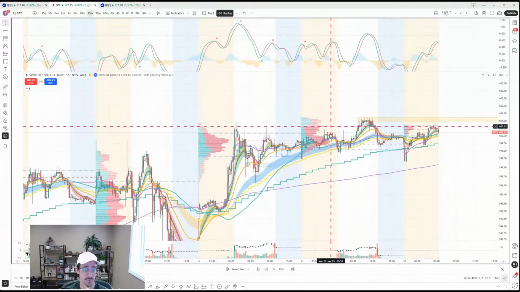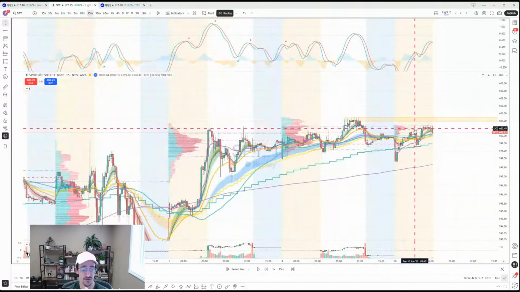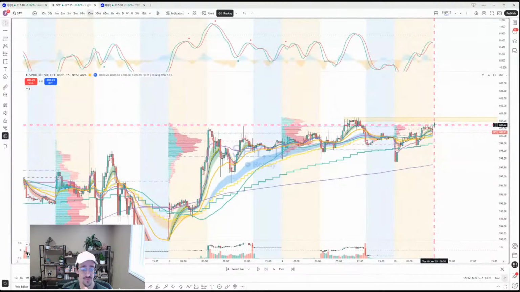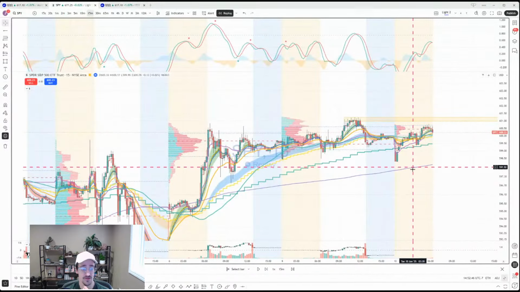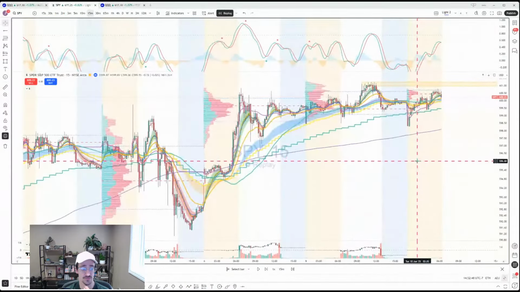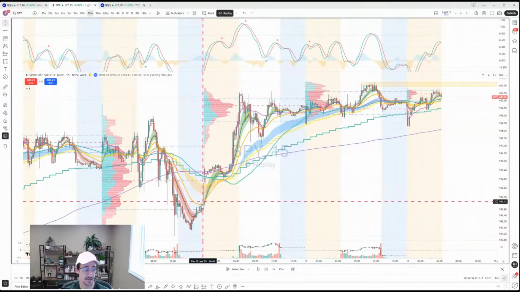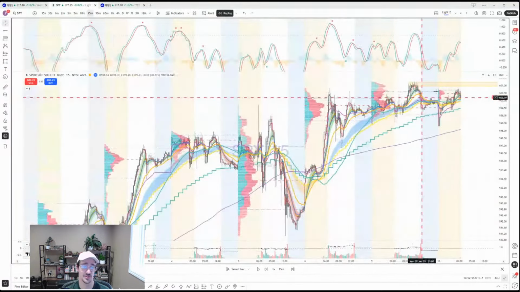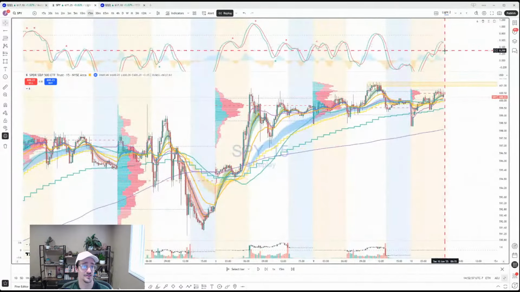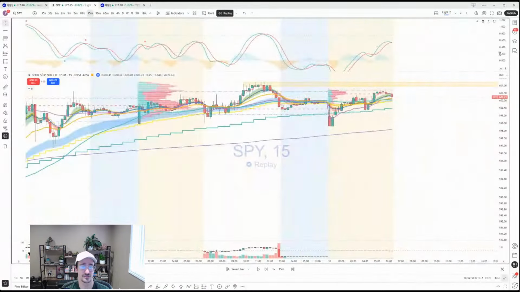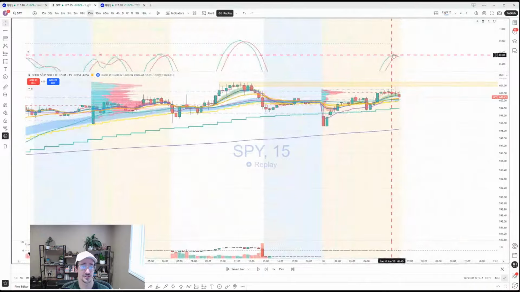P shape, balance shape. I think it wants to come back in here or come back in here. That's what I'd like to say, because we're at the top of the range and the 15-minute is a little bit bearish.